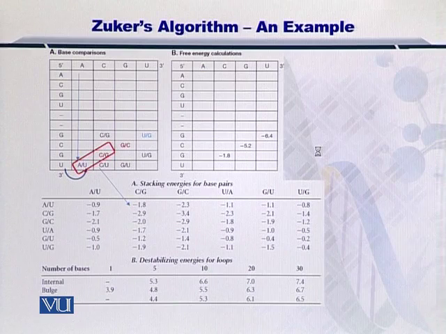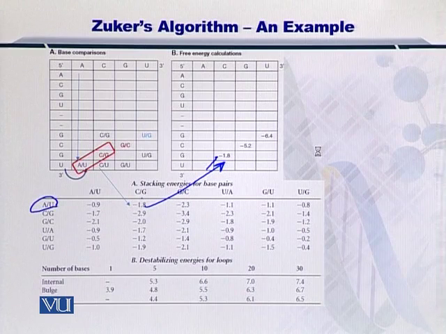Here, this value has been placed against the complementary couple. So minus 1.8 kilocalories is given out if A and U is followed by C and G. You can continue building on this table of free energy calculations.